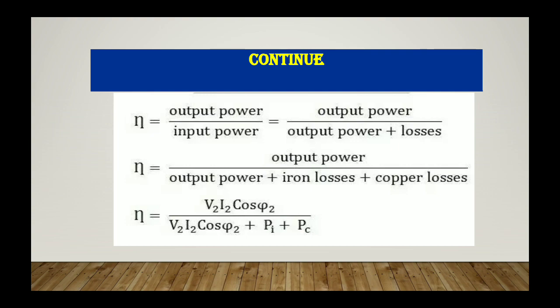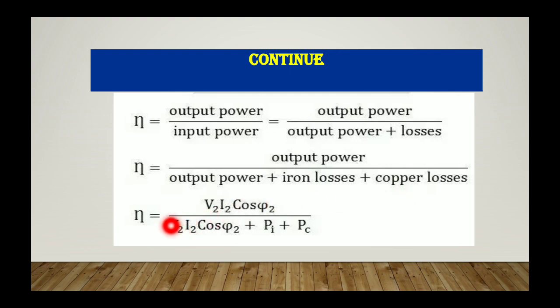So here you can see the expression for the efficiency of a transformer. That is eta, the efficiency, equals output power by input power, equals output power by output power plus losses. Or you can write that efficiency equals input minus losses by input, as we have already discussed. So efficiency equals output power by output power plus losses, meaning iron losses plus copper losses.